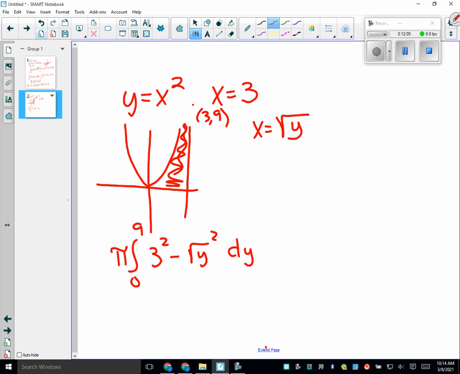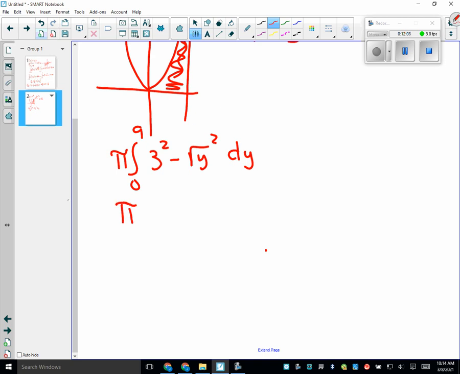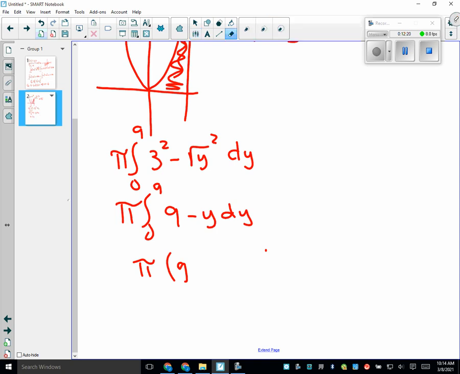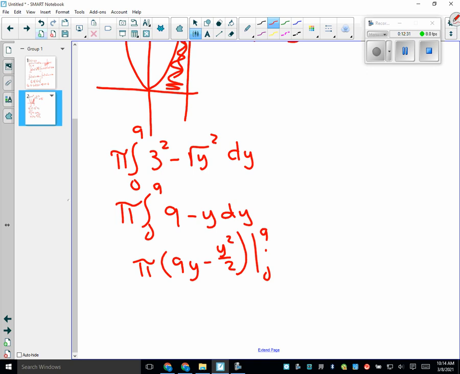So this is the integral from 0 to 9 of 9 minus y dy, right? So it's 9y minus y squared over 2, from 0 to 9, right?